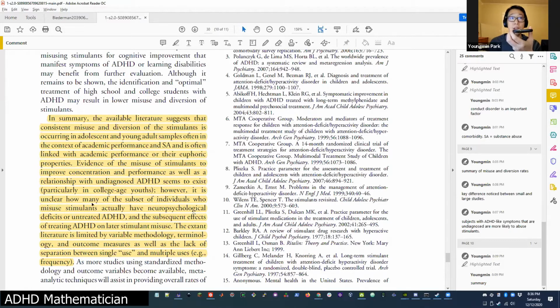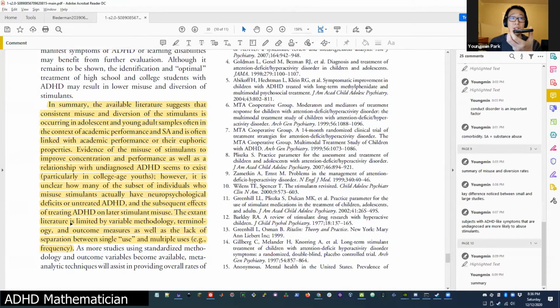However, it is unclear how many of the subset of individuals who misuse stimulants actually have neuropsychological deficits or untreated ADHD, and the subsequent effects of treating ADHD on later stimulant misuse. The extant literature is limited by variable methodology, terminology, and outcome measures, as well as the lack of separation between single use and multiple uses, for example, frequency.